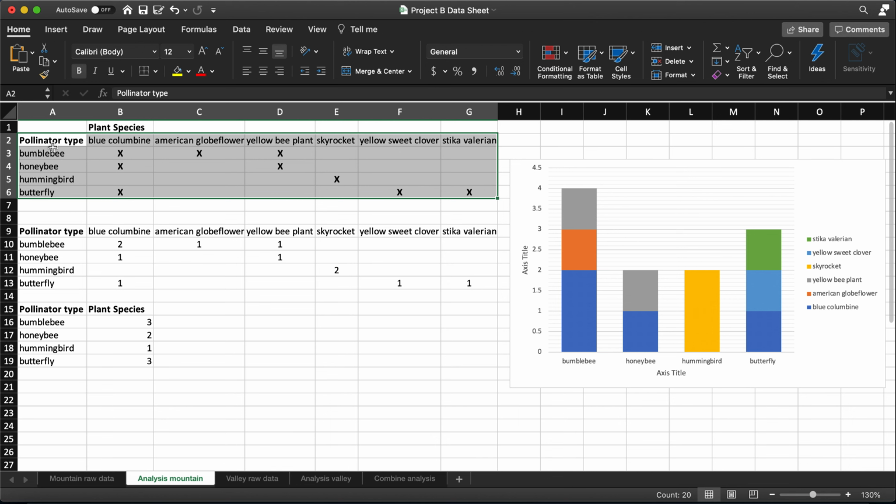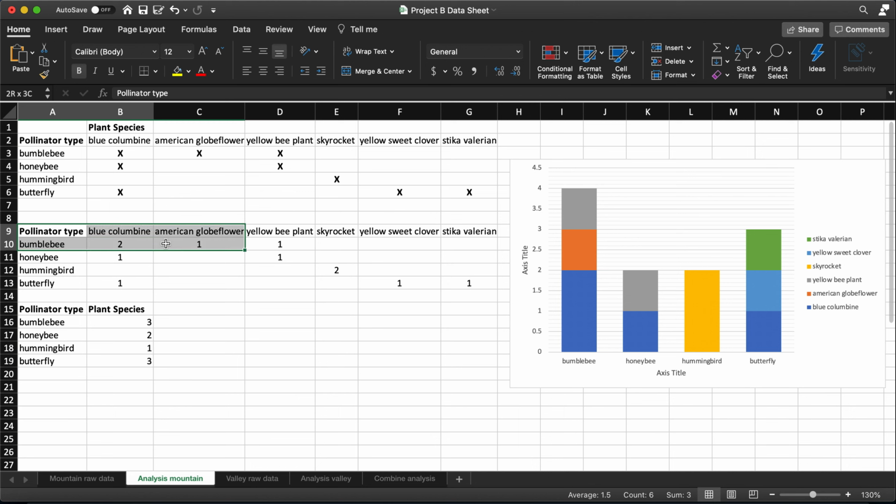You can actually translate the same type of table into numbers. Okay, so now that you have this table completed, you can put here, okay, I know that bumblebees visited blue columbine, but how many bumblebees did I see visiting that plant? So I saw 2 bumblebees.